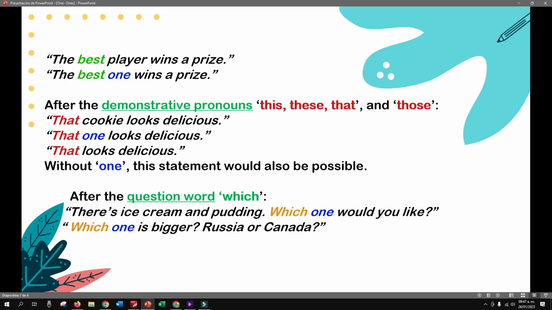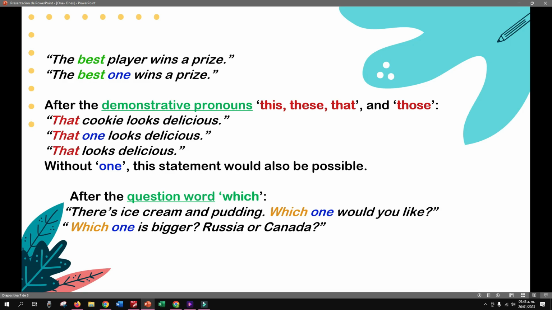Okay, teacher. The best player wins a prize. The best one wins a prize. After the demonstrative forms this, that, and those. That cookie looks delicious. That one looks delicious.